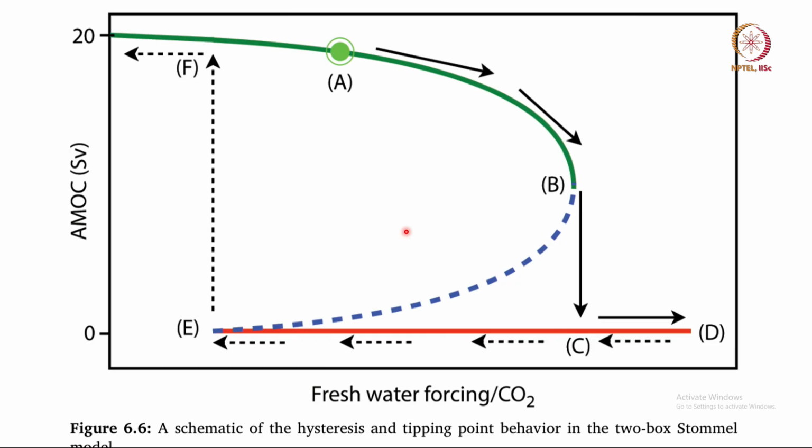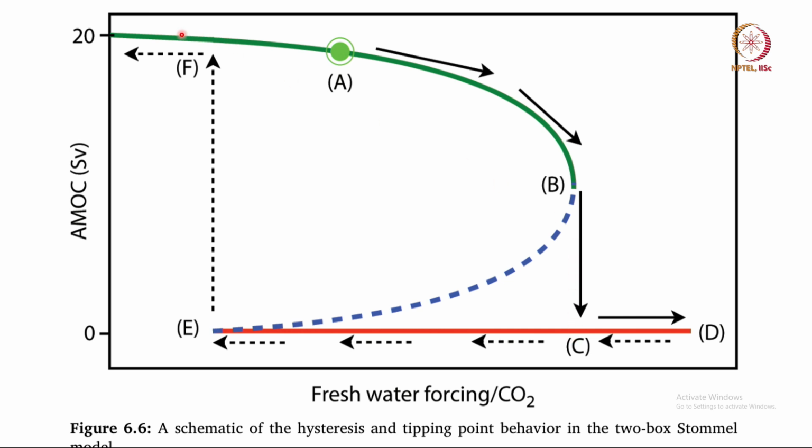Now comes the important understanding of why the Atlantic meridional ocean circulation shut down. Okay. It shut down because AMOC is sensitive to freshwater forcing, which also depends on CO2, and if the freshwater forcing is very large, the circulation suddenly stops. Okay.